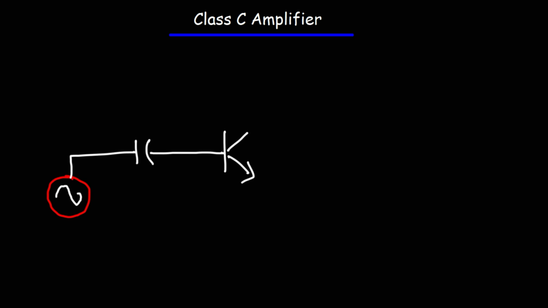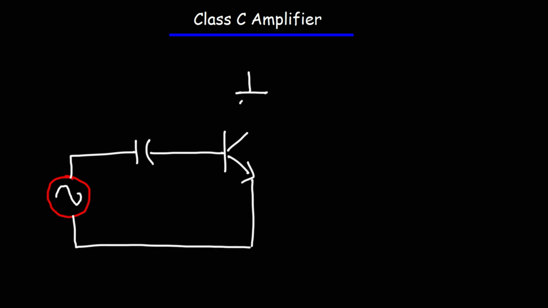Now the last amplifier that we're going to talk about today is the Class C amplifier. This particular amplifier only uses one transistor. It's not like the Class B or the Class AB amplifier that uses 2 transistors.